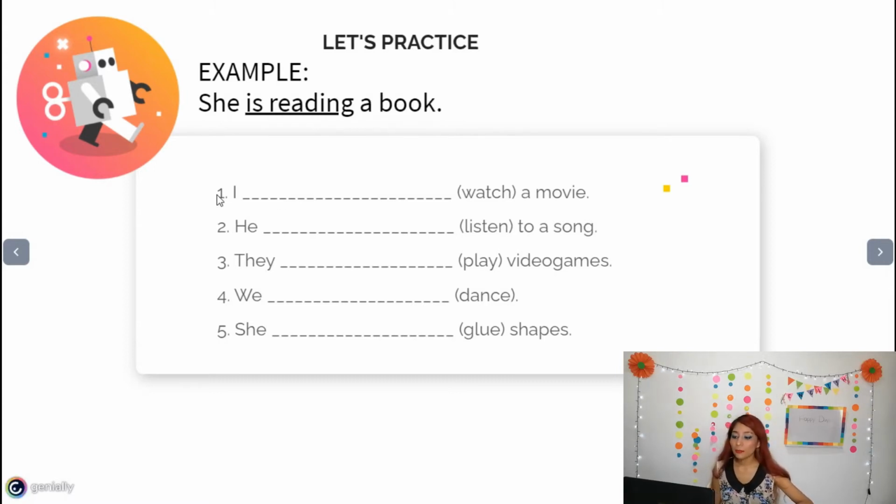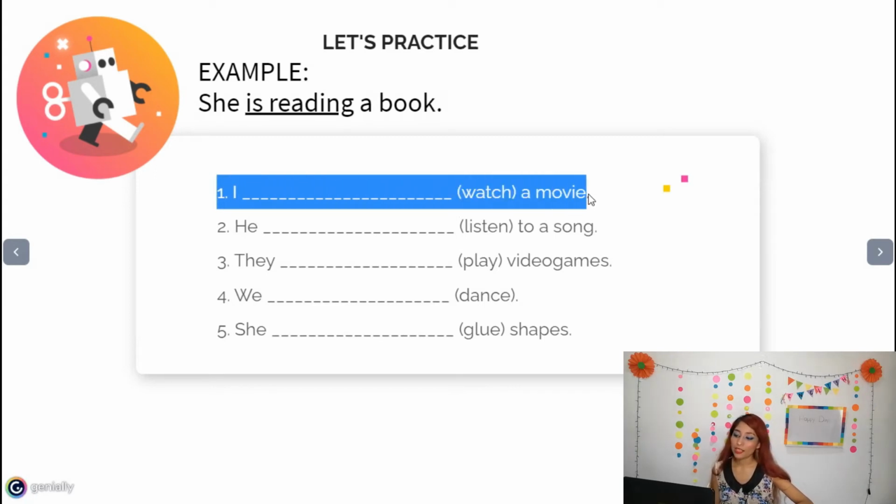So let's go to number 1. I, blank, watch a movie. You need to say your result: the verb to be, and next to the verb to be, the verb that is between parentheses in gerund.